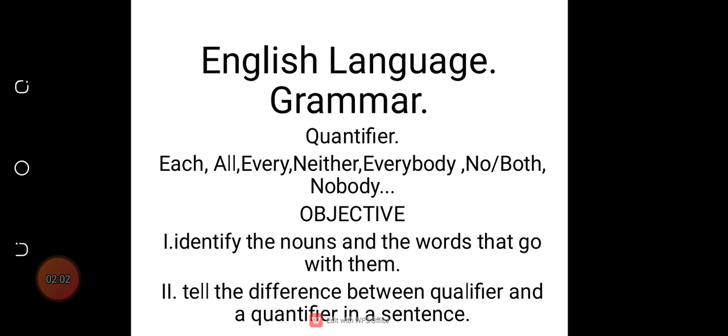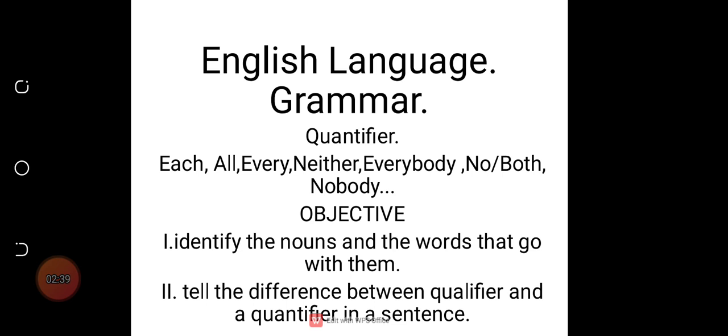What did we say about a quantifier? When you ask what is a quantifier, what comes to mind? All right, so if your answer is a quantifier is a word that gives us information about the number or amount of something, and that something is a noun, I hope that is clear.